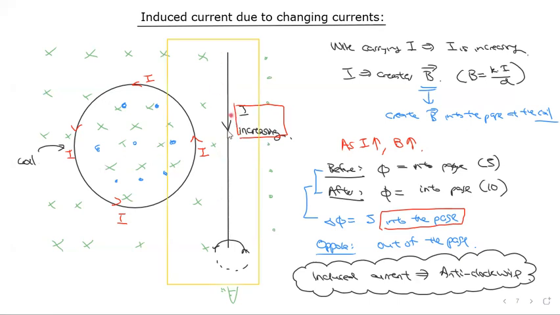If the current is going to go down, basically, we don't want that to happen. Remember, we always want to oppose the change. So to oppose current going down, what has the coil done? It has caused the current to flow up. At the closest possible point, close to the wire, it's gone against it.